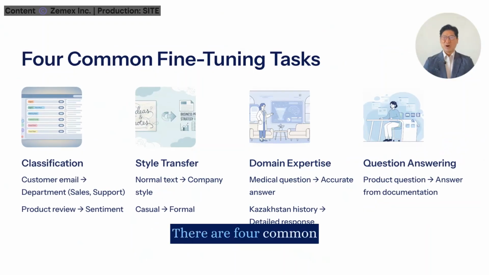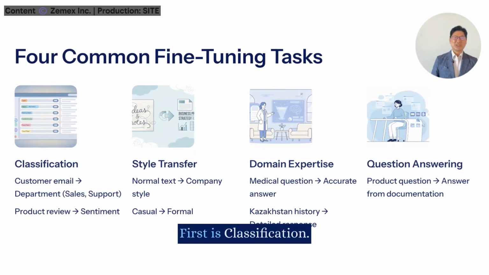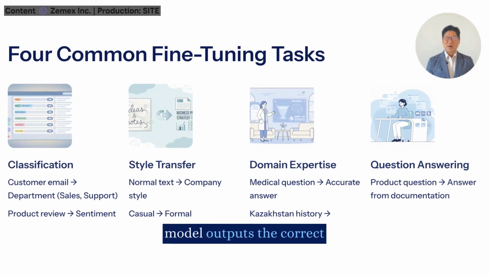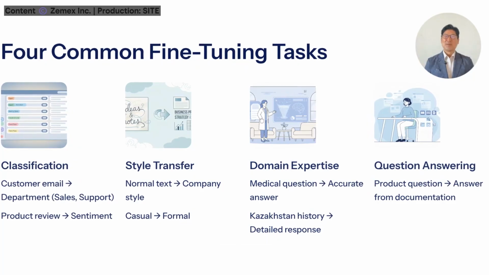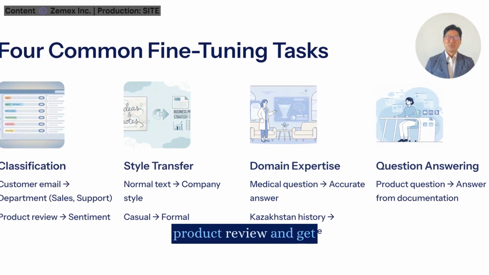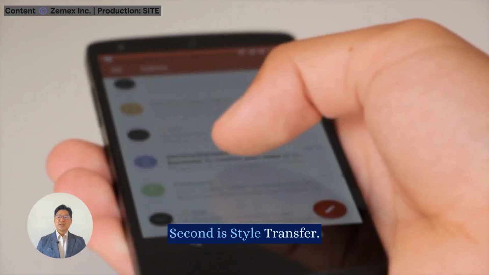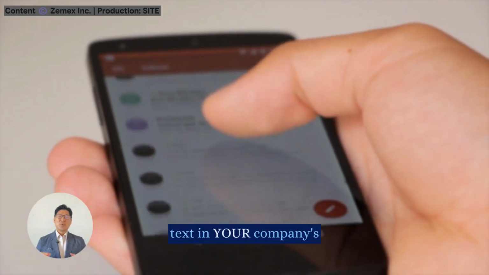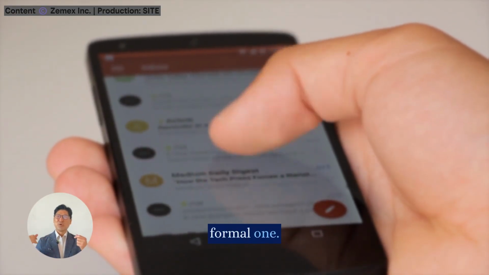There are 4 common types of fine-tuning tasks. First is classification. You might input a customer email, and the model outputs the correct department, like sales or support. Or you input a product review and get the sentiment. Second is style transfer. You input normal text and the model outputs text in your company's style or converts a casual message into a formal one.